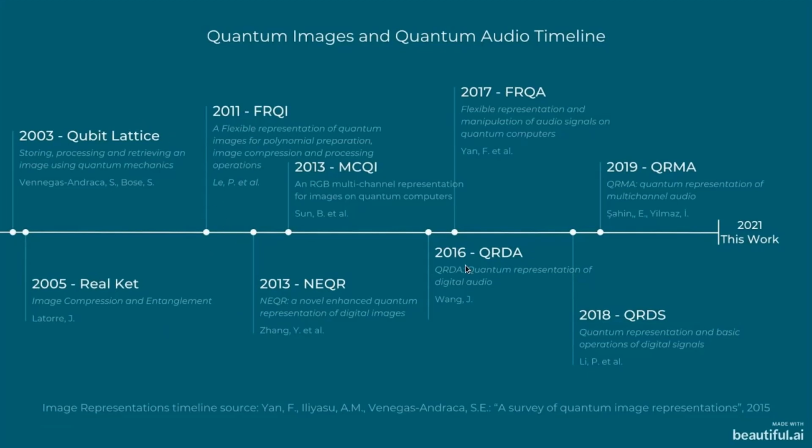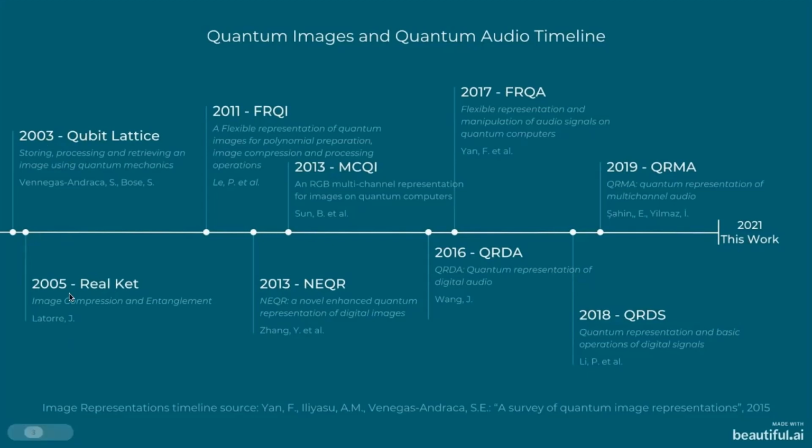So let me just go through every paper here. First, we had this qubit lattice proposition by Venegas, which I won't go deeper into, but it was the first paper that I encountered specifically talking about images in quantum mechanics.